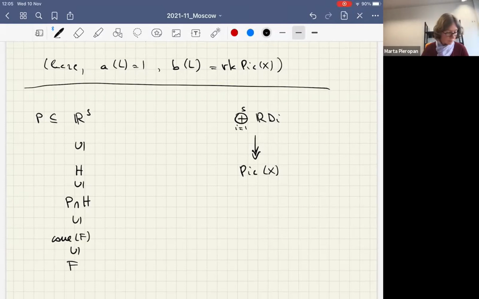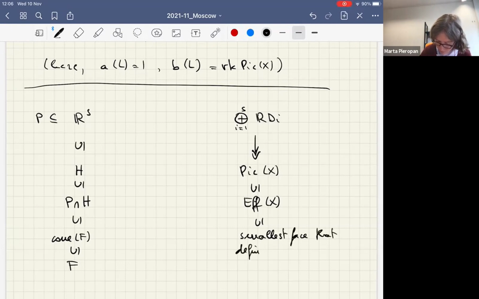And the other thing that we can prove is that this polytope is defined in a way which corresponds on the other side to the effective cone of X. Then under this duality, here inside, I have this face that defines B, the smallest face that defines the adjoint divisor.